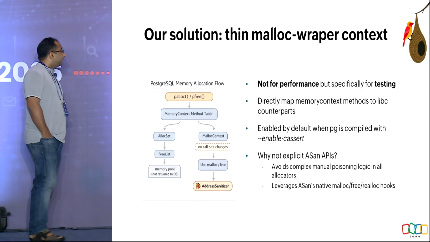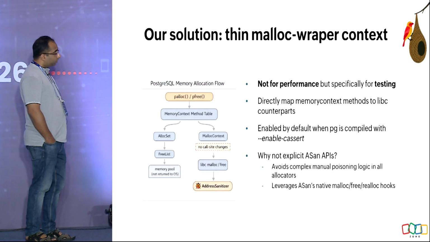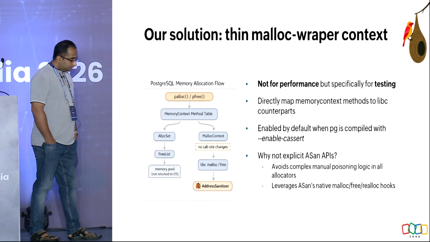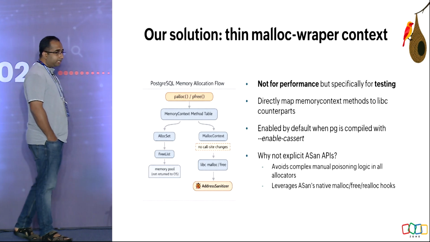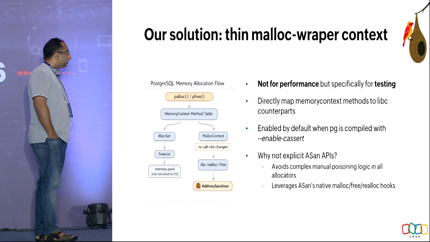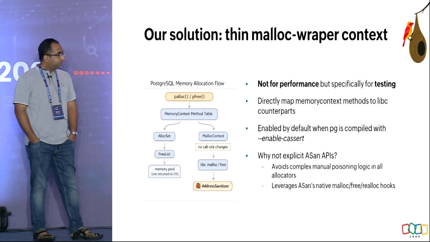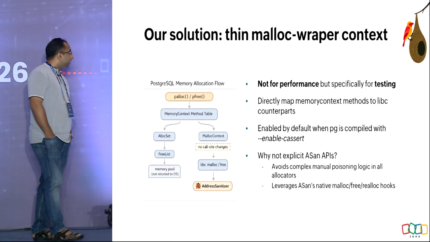Right. So this is a solution that we came up with when we faced this problem. We wrote a memory context, not for performance, but for testing and finding these kinds of memory bugs.